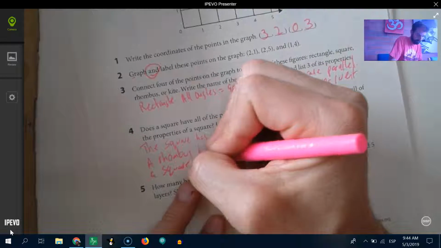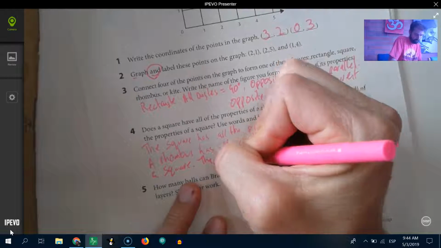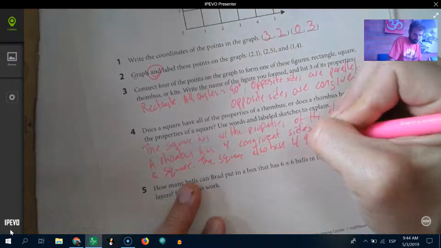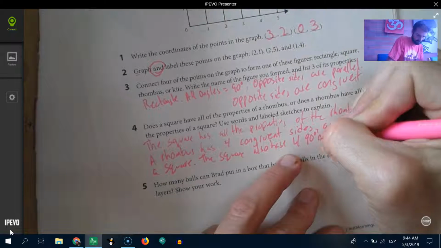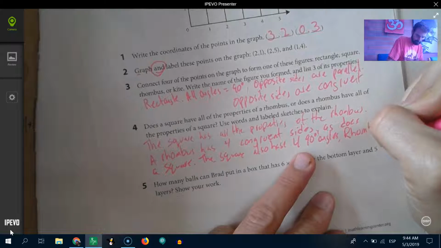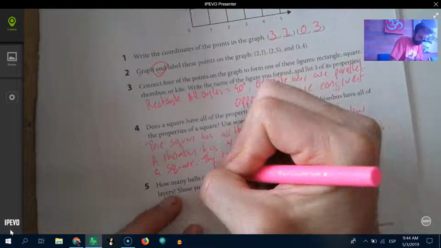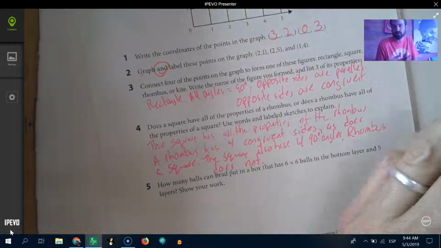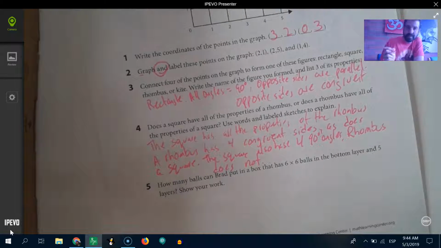The square also has 4 90-degree angles. Rhombus does not. Once that rhombus has 90-degree angles, it's no longer a rhombus, it's now a square. That's why they call squares special rhombuses.